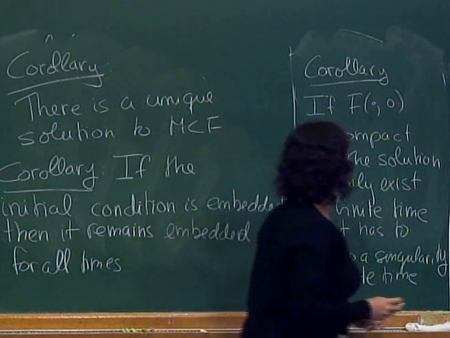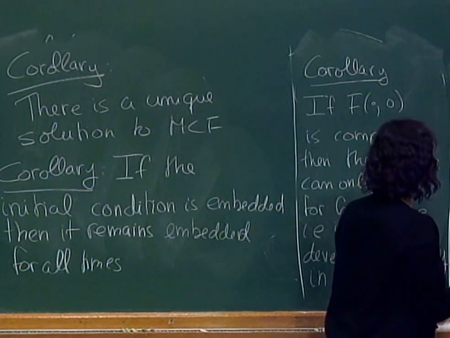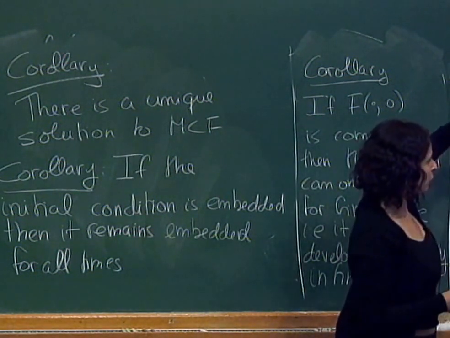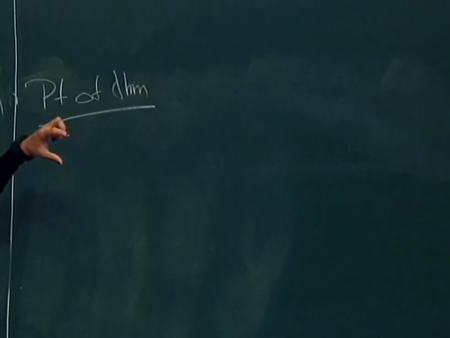So let's take the points where the minimum distance is attained. I'm assuming that everything is compact. If things are not compact, as I said yesterday, you need to work a bit more to do these things.